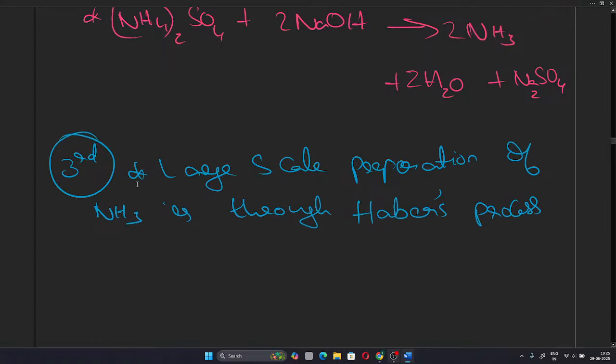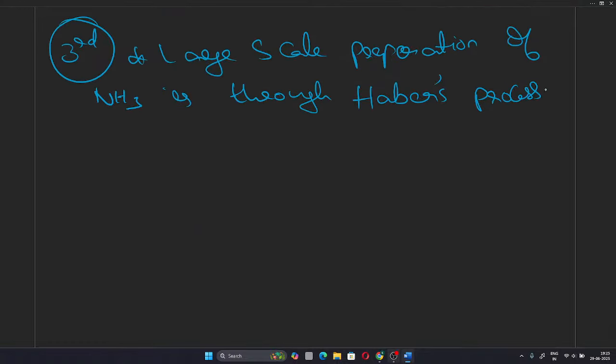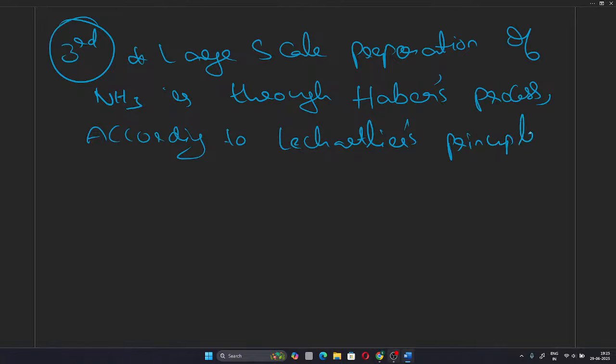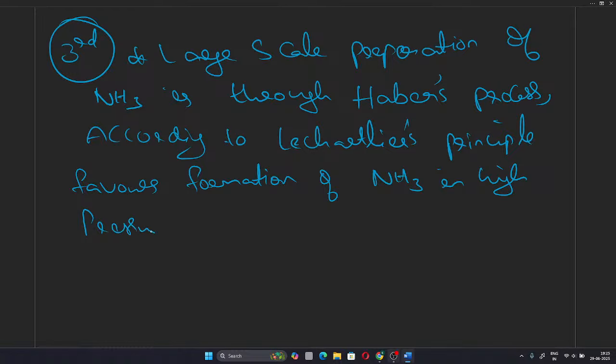Haber's process, which according to Le Chatelier's principle, favors formation of ammonia in high pressure of reactants.